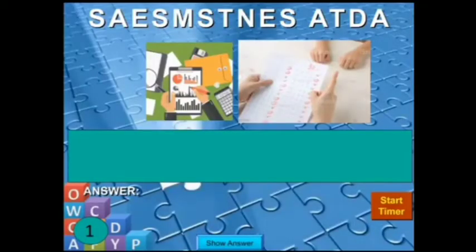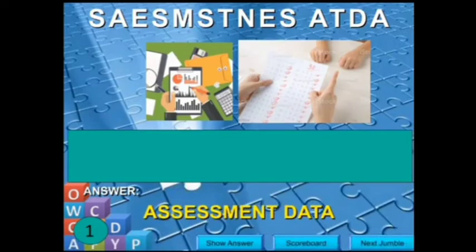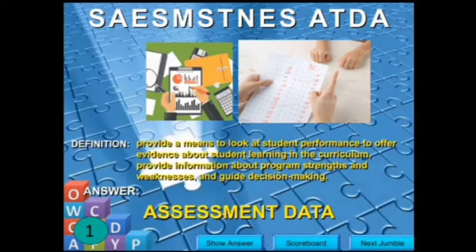Round 1. Time starts now. Time's up. The answer is assessment data. It provides a means to look at student performance to offer evidence about student learning in the curriculum.